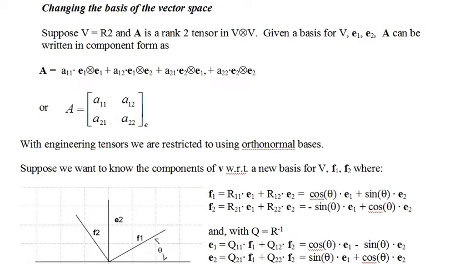R is called the rotation matrix mapping the E basis vectors to the F basis vectors. Rotating the F basis vectors by minus theta gives the E basis vectors, and thus R inverse, which we'll name Q, is the rotation matrix mapping the F basis vectors to the E basis vectors.